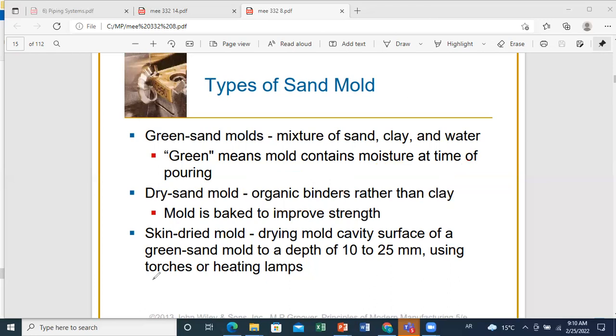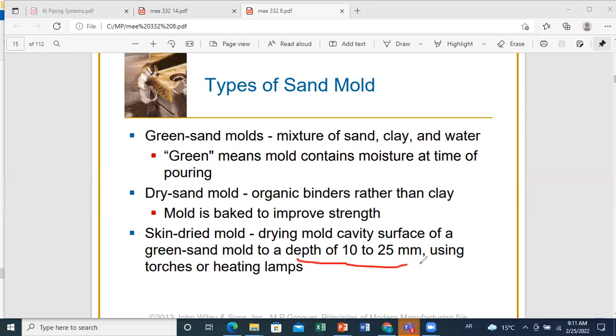Now, we have also skin-dried mold, consisting of drying the mold cavity surface of a green sand mold to a depth of 10 to 25 millimeters using torches or heating lamps. So sometimes, even if we have a green mold, we can do some surface treatment in order to enhance the strength of the surface.